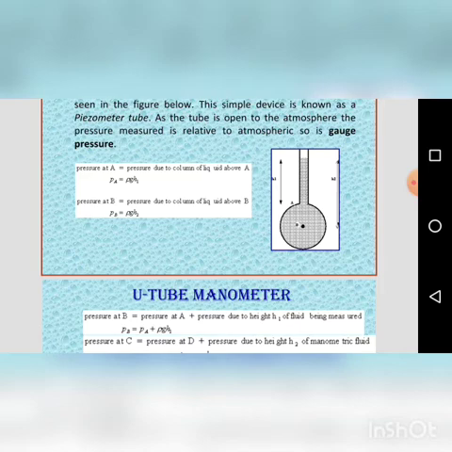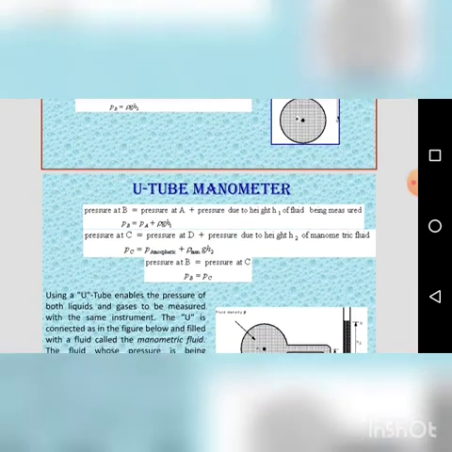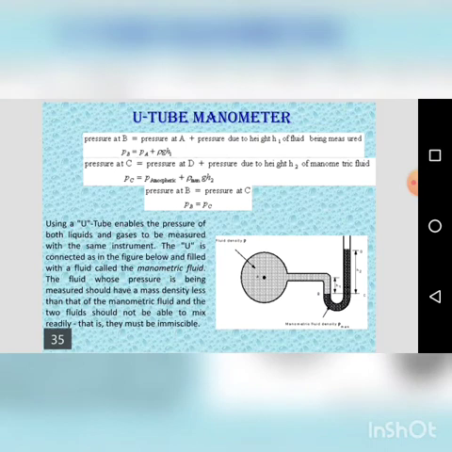Piezometers are used in pipes to determine the pressure head. Then the U-tube manometer consists of a tube bent in the form of a U, and a manometric liquid, maybe mercury, is used here. So two liquids are involved and you take the same datum in both the pipes. Pressures are equal.